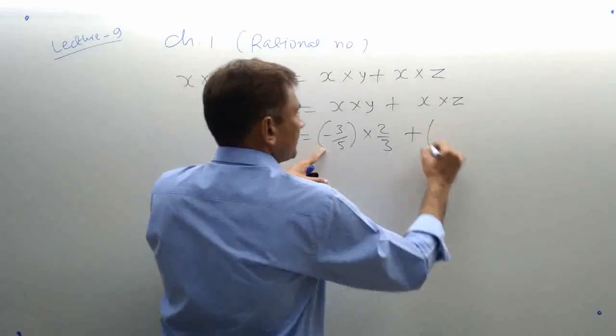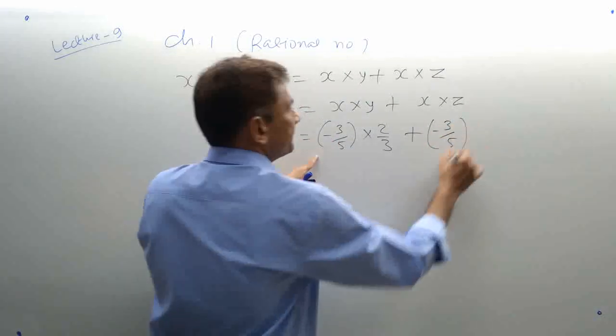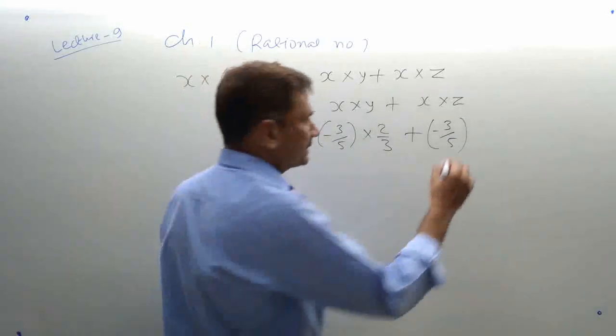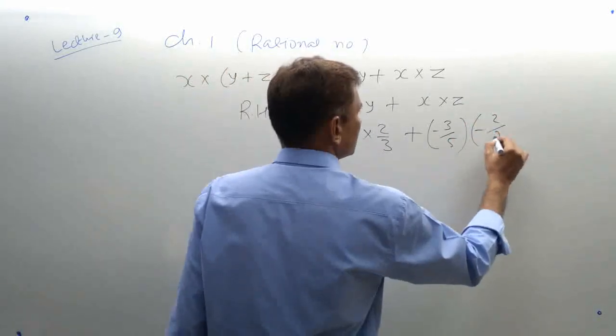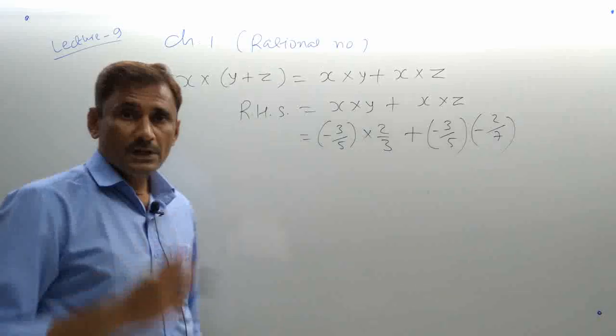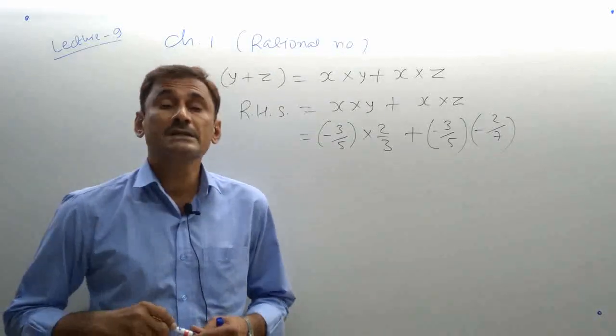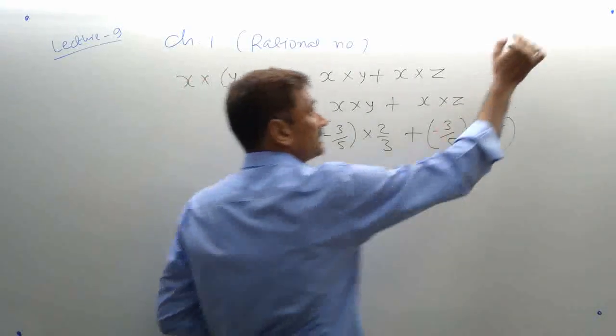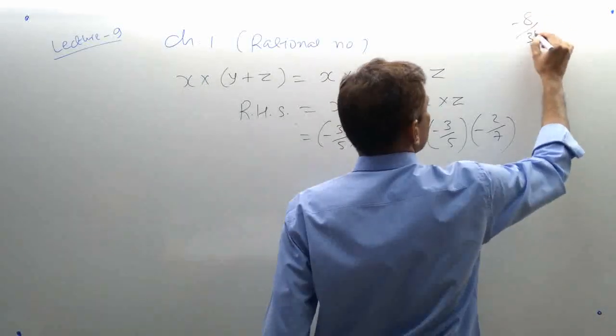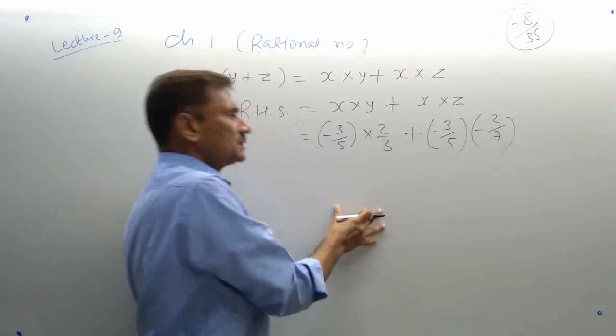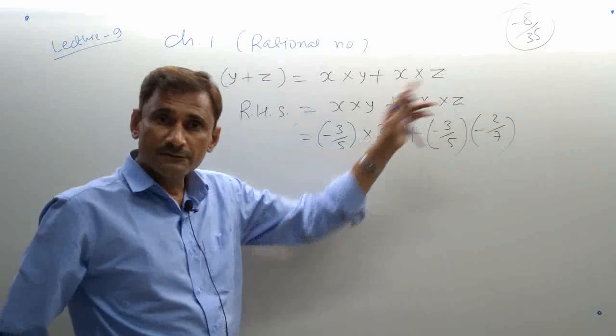So x is again minus 3 by 5 and z is here minus 2 by 7. Okay, and remember in the left hand side we got minus 8 upon 35. I am just writing the left hand side result. Now we are just looking here whether we will have the same result or different.